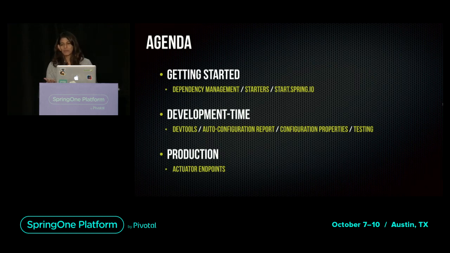Since all of you use Spring Boot, you already know that Spring Boot gives you this fast getting started experience and a smooth developer experience, and it already takes you quite a long way in terms of developer productivity. But there are definitely some things that you can do as an application developer to make sure that that experience is better.